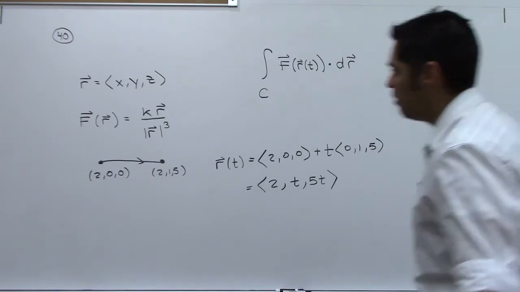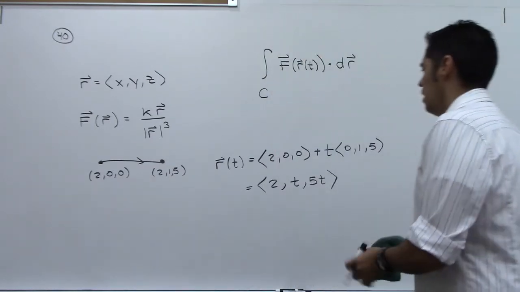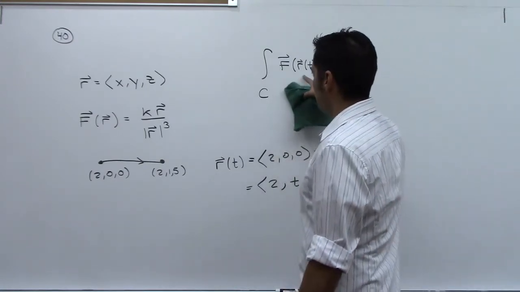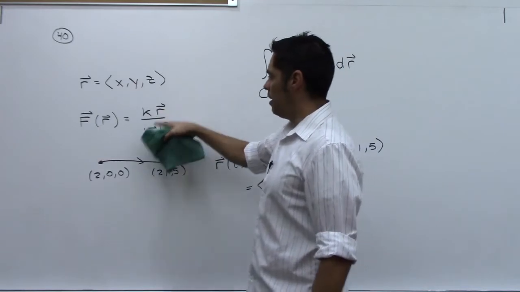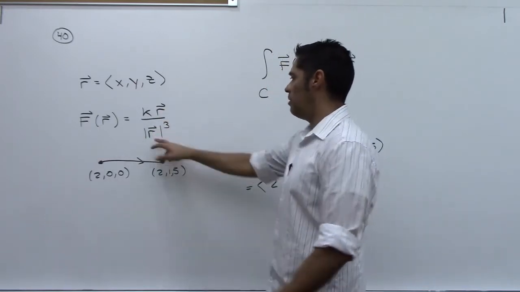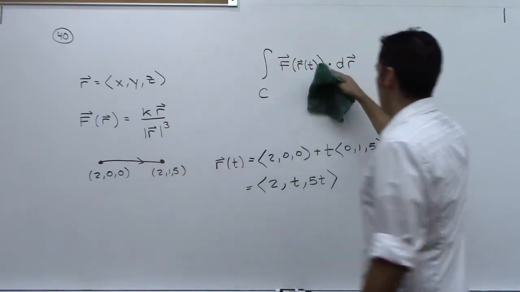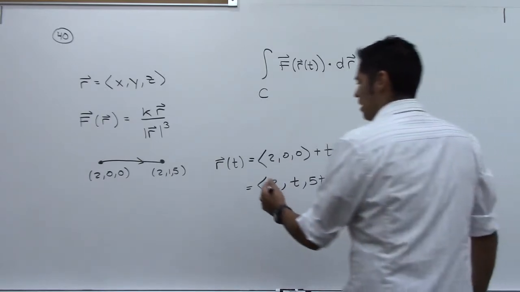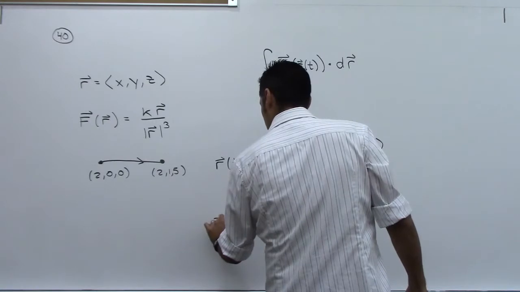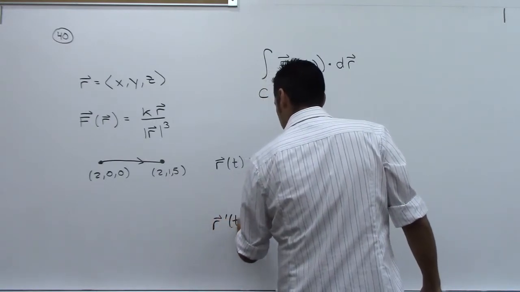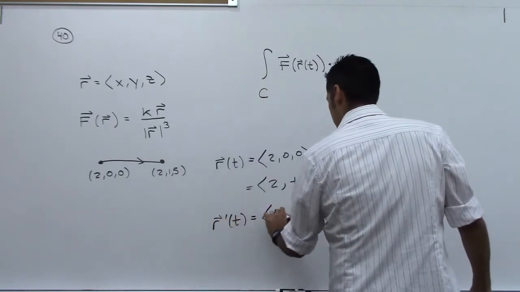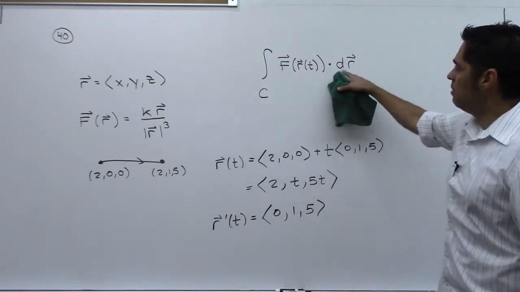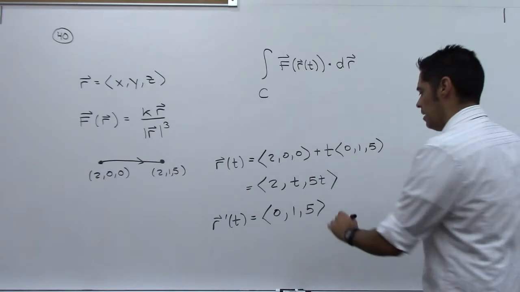And now what we want to do is plug this into our vector field. So we're going to put it here and here. We'll have to take the magnitude of it and then cube it. But then we're going to dot it with dr. And dr is the derivative of r of t, which is just going to be 0, 1, 5. We're going to be dotting that, so that's that, dotting it with this dt.